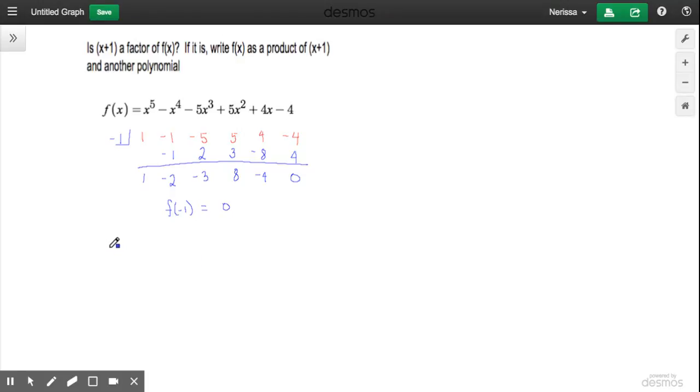So since f of negative 1 is equal to 0, then x plus 1 is a factor of f of x. So we'll put here, since f of negative 1 is equal to 0, then x plus 1 is a factor of f of x.